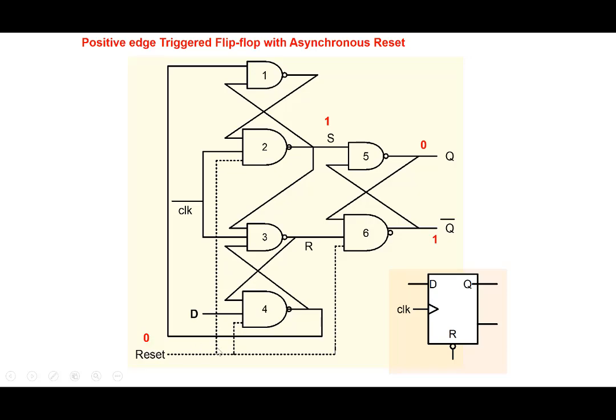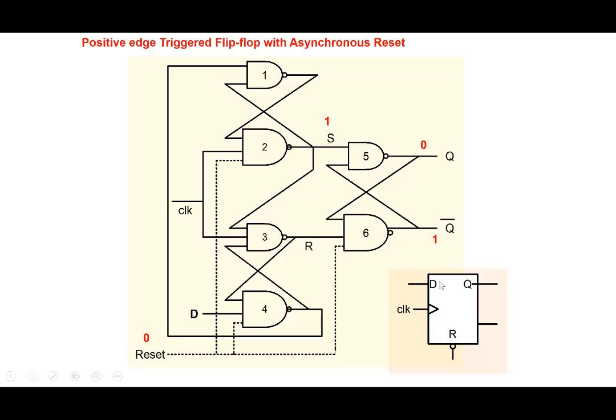If reset equals 1, note that when a 1 goes into a NAND gate, that 1 doesn't do anything to the NAND gate. It's only a 0 which forces the output of the NAND gate to go to 1. When it is 1, it depends on what the rest of the inputs are, and therefore it depends on the clock. So that's a positive edge triggered flip-flop with the asynchronous reset pin.